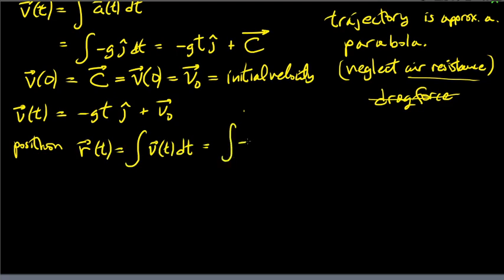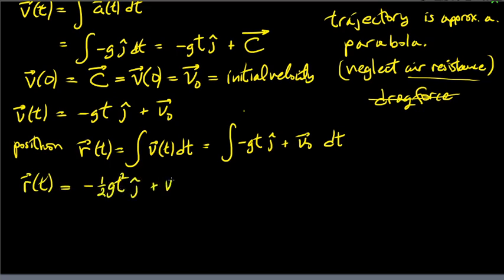Here we're integrating negative g times t times the unit vector j plus another vector v0, with respect to time. If we do that, we get negative 1/2 g t squared in the j direction, plus v0 as a vector times t, plus another constant.